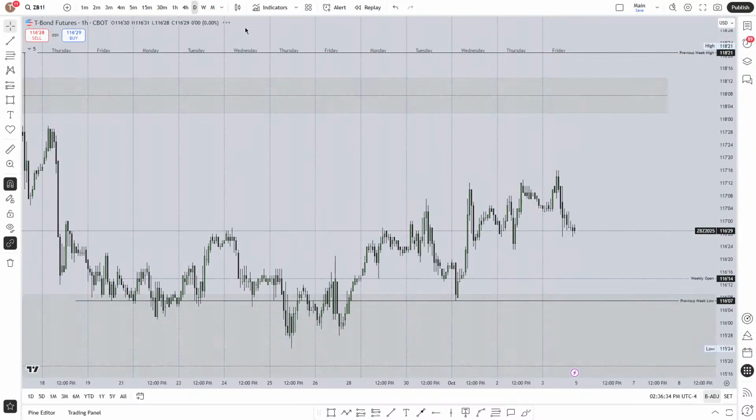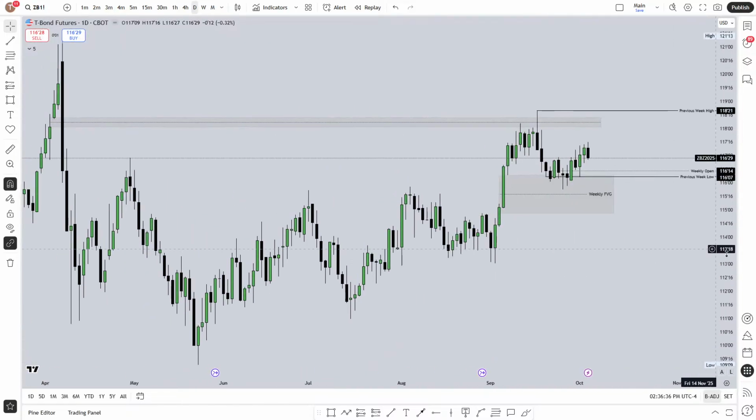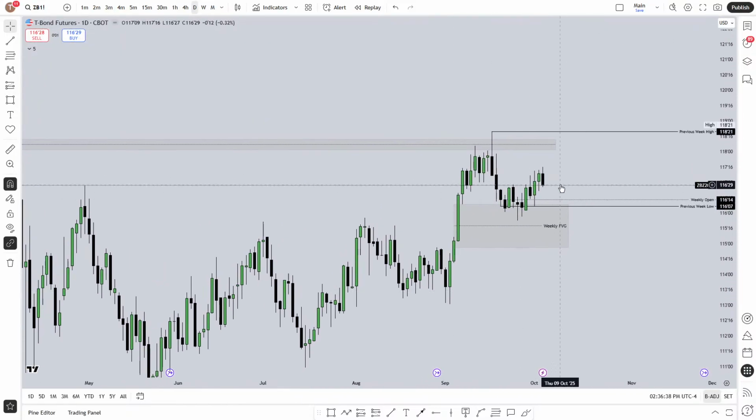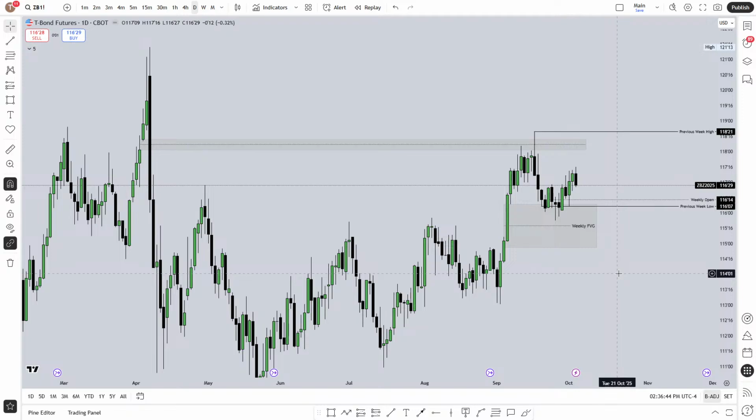All right, and then bonds kind of just give me that confirmation on currencies because bonds should be moving in the same direction as euro and pounds. That is what a good market looks like when intermarket relationships are aligned.